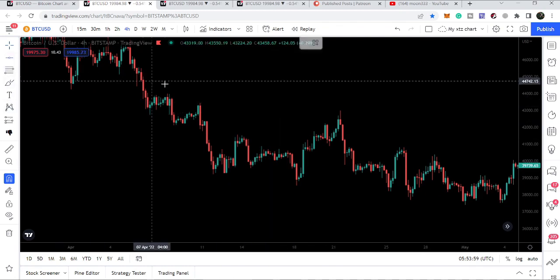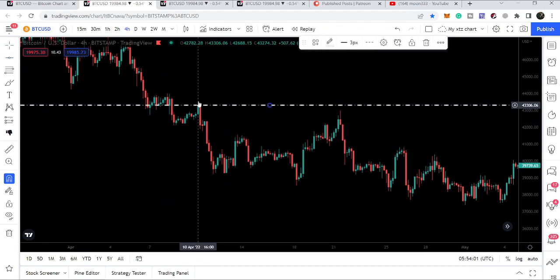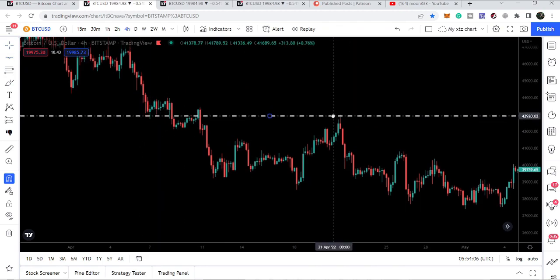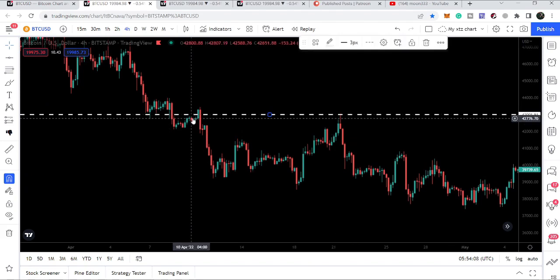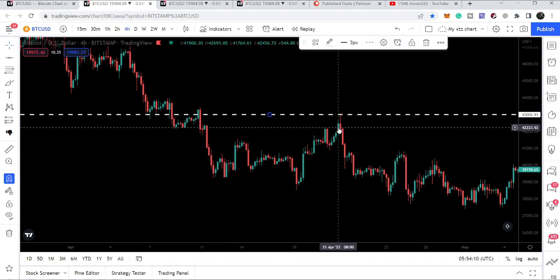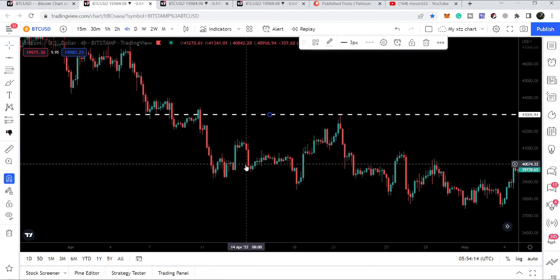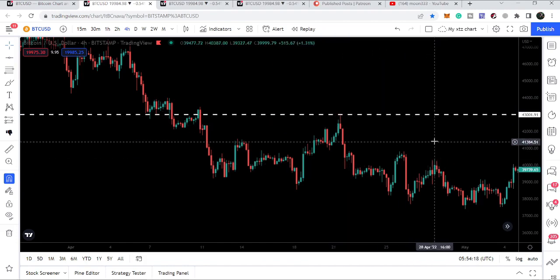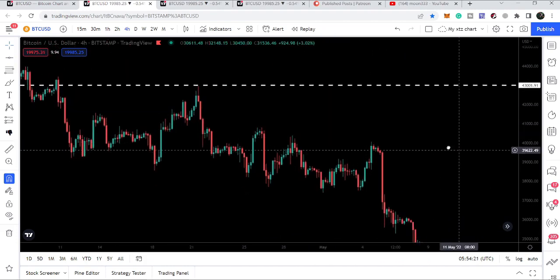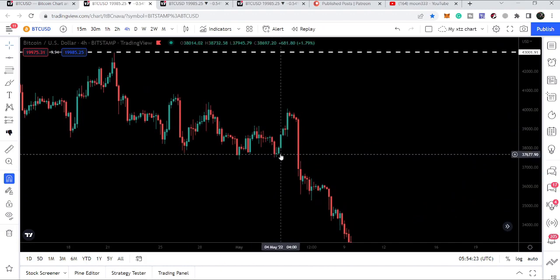Let me place a resistance line here, and you can see here it was breaking as a support, and here it was working as a resistance, and we could not break it out, even after forming this higher low, and we were rejected. We moved down again, and again we found another higher low here.